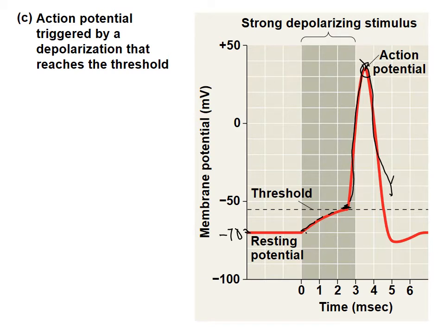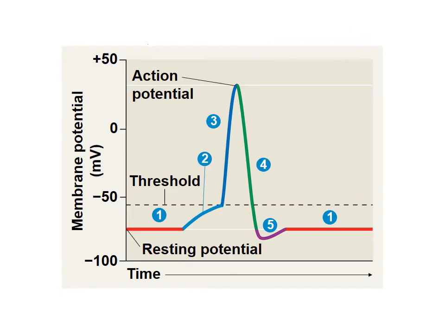The potassium channels are a little bit too clunky, so they don't close right at negative 55 or even negative 70. They actually go all the way down to maybe negative 80 or 90 millivolts. And so they do close, and ultimately you drift back to negative 70 millivolts, which is the resting potential.